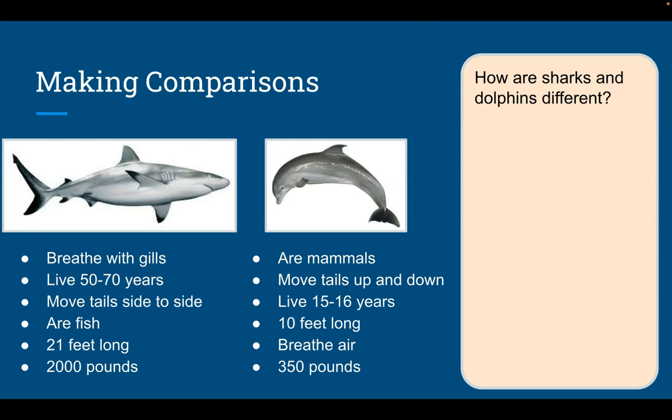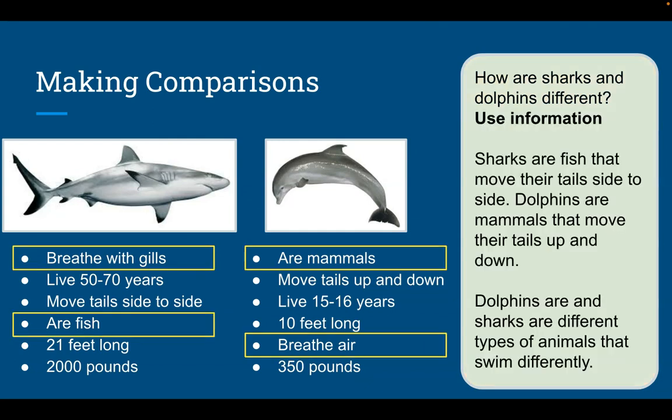Now to make sense of this, here's some examples. Let's compare sharks and dolphins. Again, we're looking for characteristics that they have in common so we can compare them. We might start with how they breathe and what type of animals they are. First, I want to provide the characteristics that are the same.